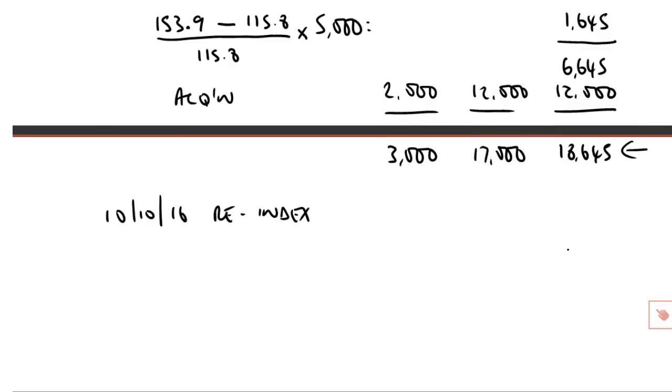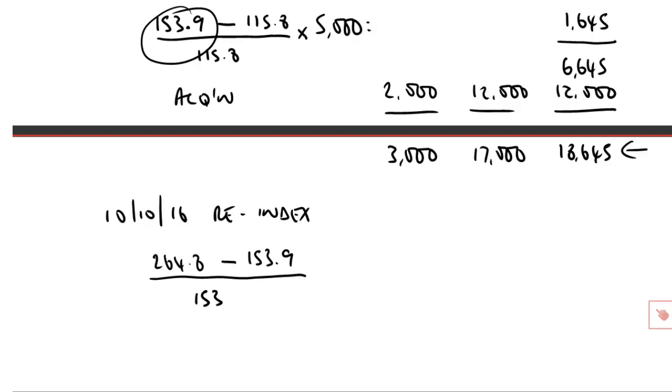What RPIs do we want now? The current RPI at the date of disposal, 264.8, minus, well, you don't even have to look to your RPIs, just look back to the last calculation that you did there, and the last time you re-indexed was to an RPI of 153.9. It is therefore from that you now re-index again.